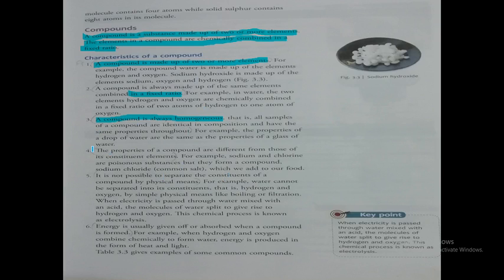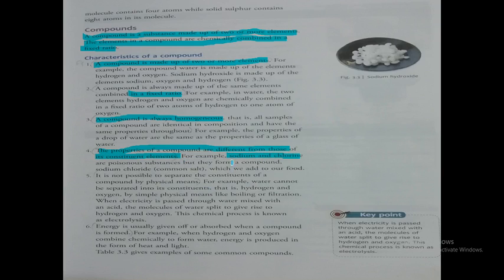The properties of a compound are different from those of its constituent elements. I have explained this by giving the example of water. Here you have one more example, that of sodium and chlorine.